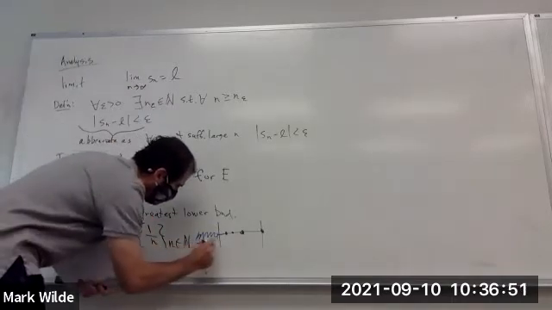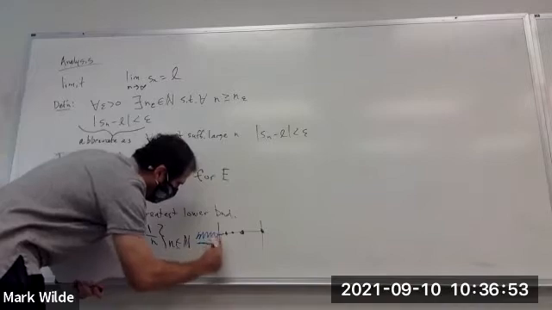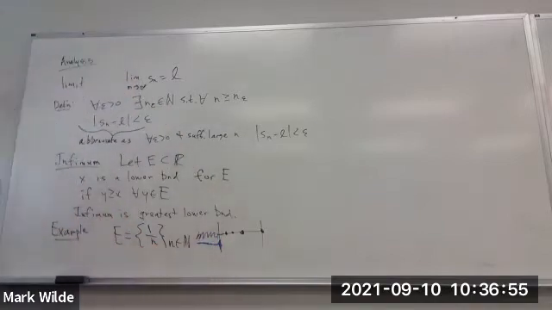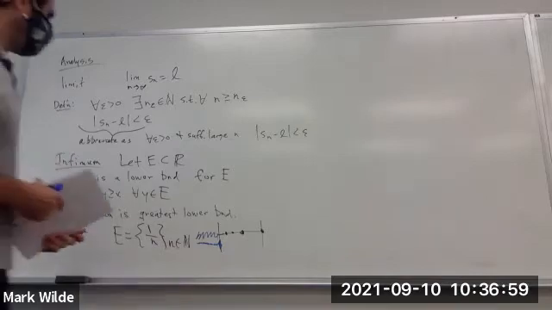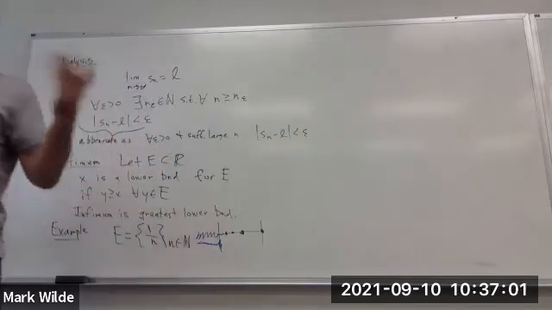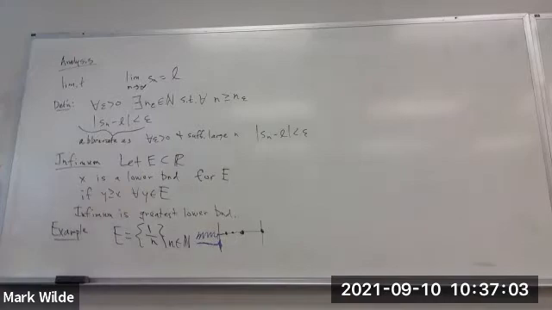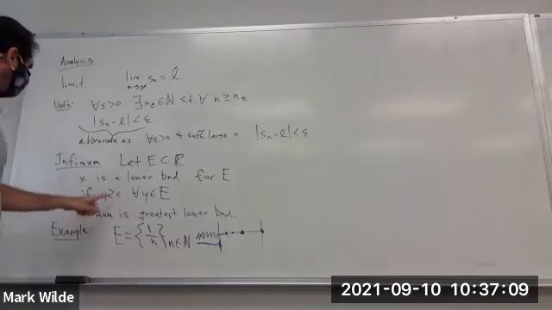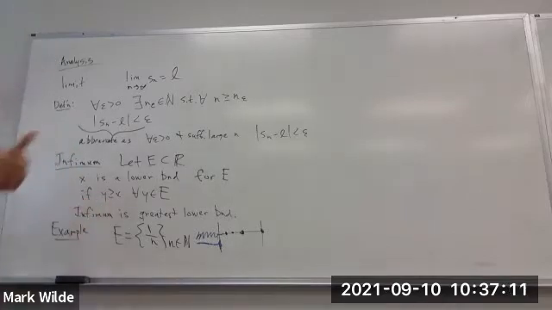Any of these are lower bounds, and then if I pick 0, it's still a lower bound. Why is it the greatest lower bound? If you take any number strictly larger than 0, then there's going to be an element of this set that's no longer greater than the bound that you picked, or the number that you picked.